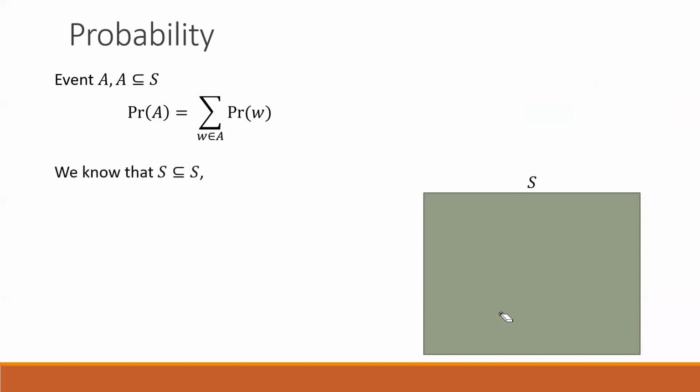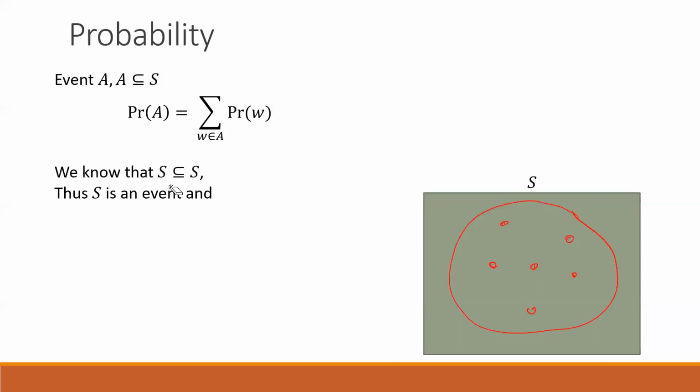A couple of other things, some of the edge cases. We talked about events and outcomes, but if we have a set S of some bunch of the outcomes, and we take all of the items in S, that is a subset of S. So S is a subset of itself.